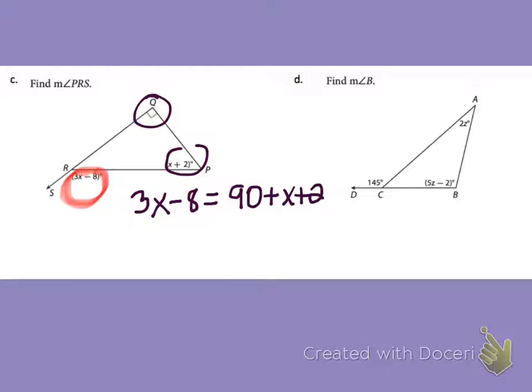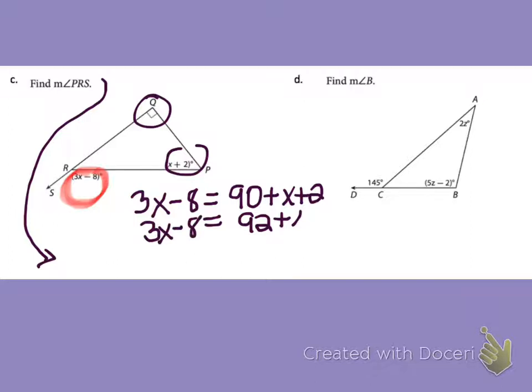We've got an equation now, a true statement, that we can use to find x and therein find the angle measures. The angle they actually wanted me to find was PRS, which is the exterior angle. Step one is to clean up the right-hand side. When I add the 90 and the 2 together, that makes 92 plus x equals 3x minus 8. We want all the variables on one side and real numbers on the other.